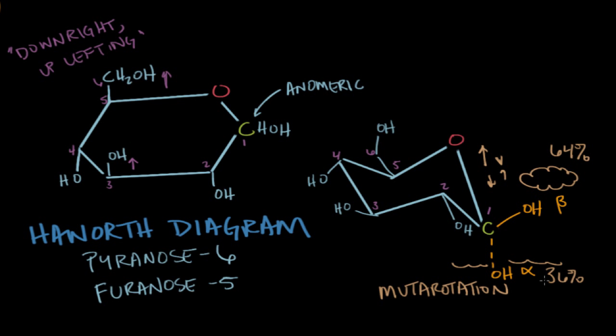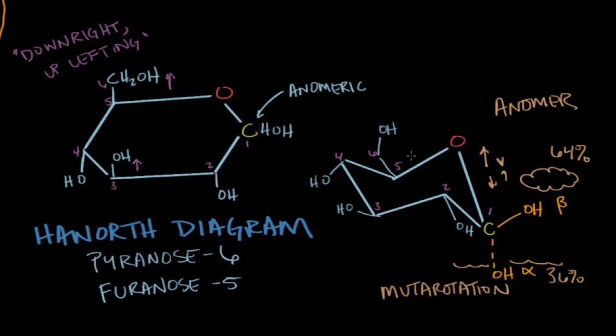So the most general rule that you could apply to all cyclic sugars would be to say that the beta anomer is the one with the anomeric oxygen in the cis position with respect to the last carbon.